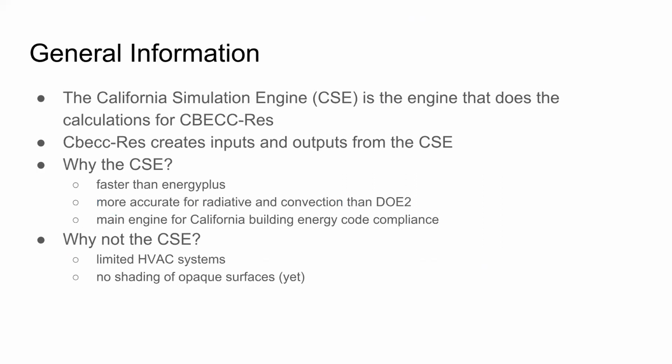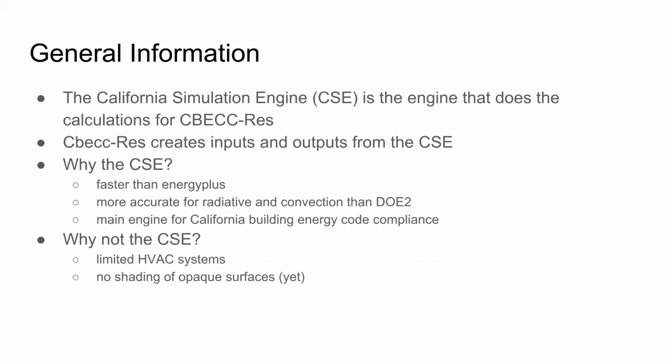EnergyPlus and DOE-2 are two other similar text-based languages that you can do building simulation with. It turns out it's faster than EnergyPlus, and it's more accurate for radiative and convection than DOE-2, which has a more complicated air transfer model within it. And it's used specifically for California, so if you're in California, it might be useful to look at the CSC.